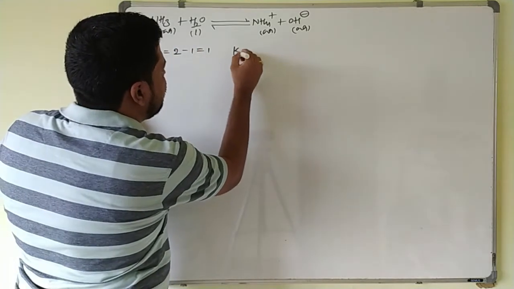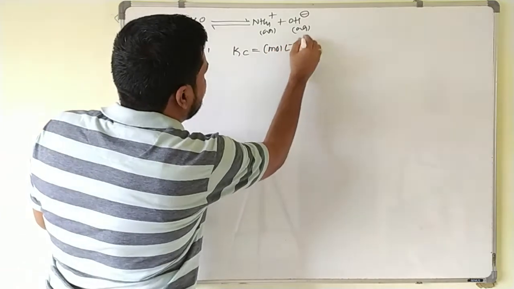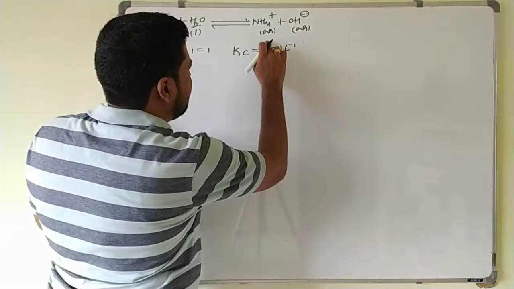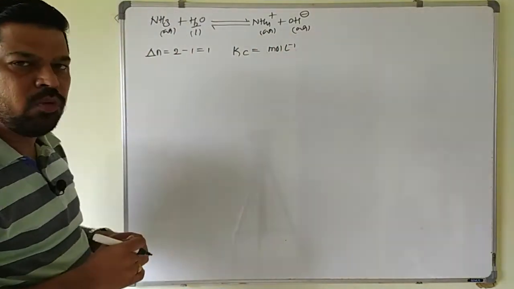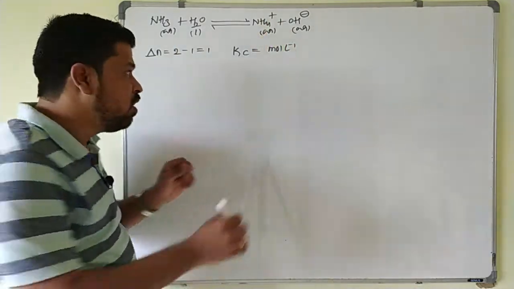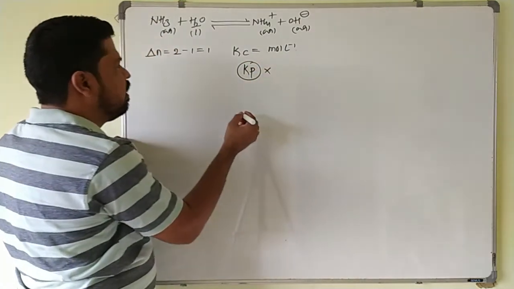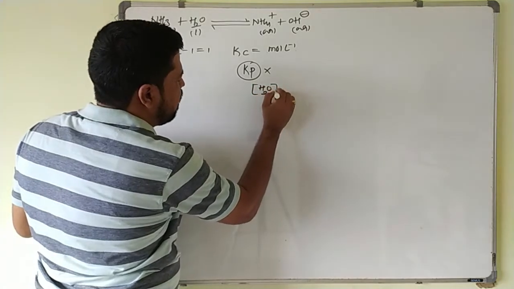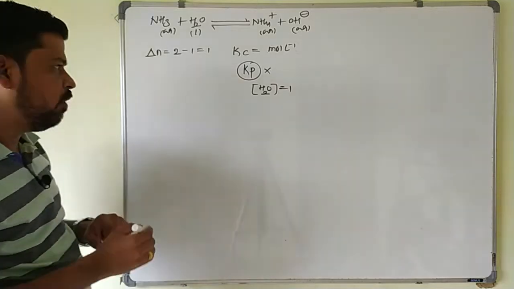For this one, the unit of Kc will be mole per liter whole power 1, so directly you can write it as mole per liter. Whenever the delta n value is equal to 1, the Kc unit will be mole per liter. Since this reaction does not involve any gaseous term, you cannot write a Kp expression for this one. And one more thing, the active mass of water is taken as 1, because it is a pure liquid.